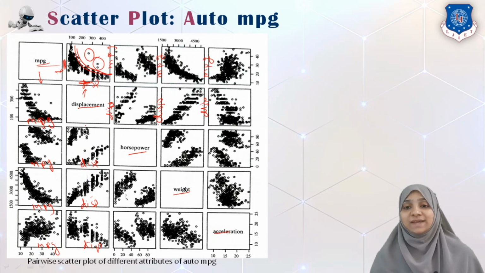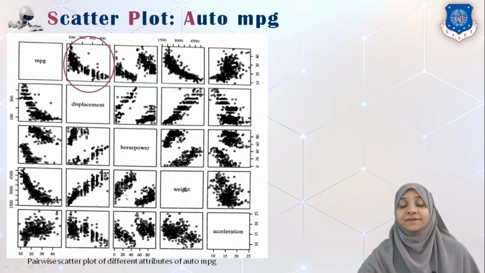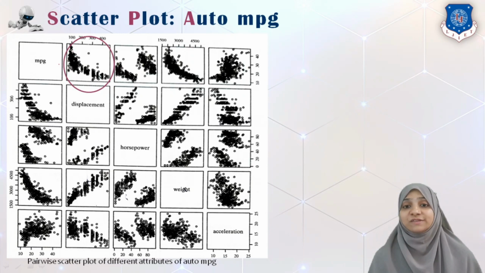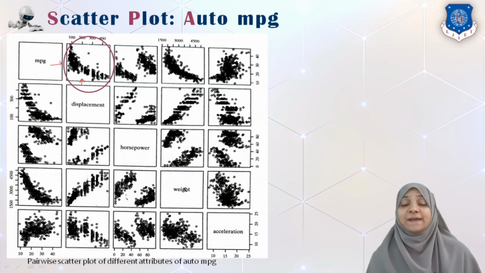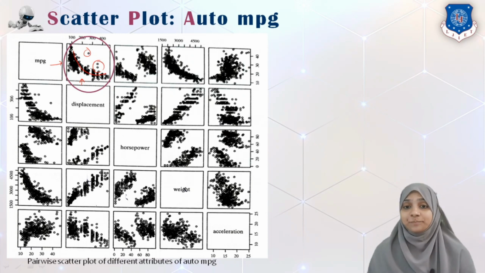Alright, so I can choose any graph and measure its values. I can measure the difference between any two values. Over here, as you can see, this is the displacement versus MPG graph, and they have a non-linear correlation, and we have a total of 3 outlier samples.